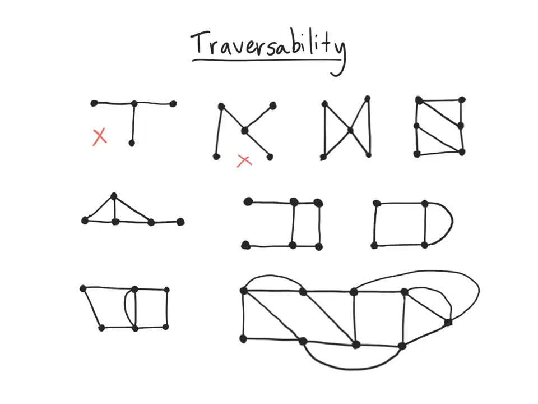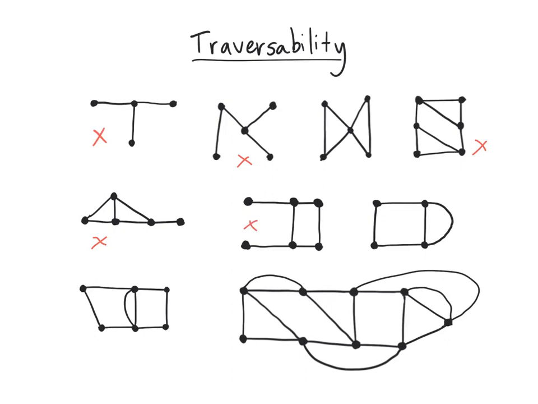So the third one along is traversable, and funnily enough, we can start at any of the vertices and finish at the same vertex we started at. The next one along is not traversable, so we'll put a little cross next to that one there. Down here on the second row, this one on the left-hand side was also not traversable, and this one too was not traversable.